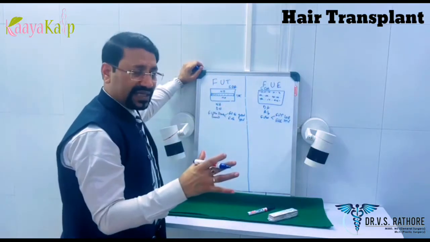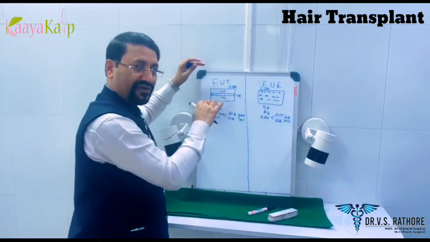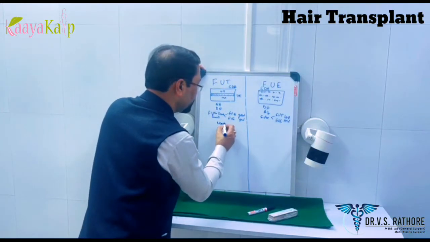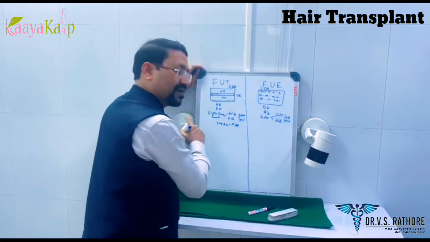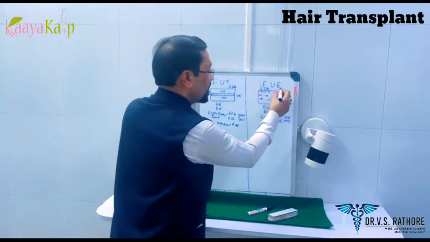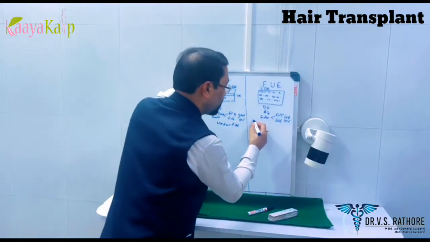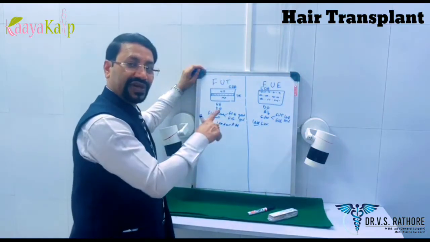Now, in common sense, I'll tell you, from a fixed area, when I'm taking out a strip from the highest density area, I am able to harvest the maximum permanent hairs by FUT. But in a fixed area, if I am harvesting alternate hairs, I am able to harvest fewer hairs in case of FUE.